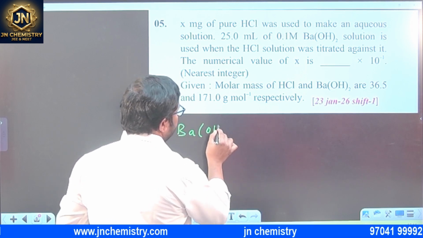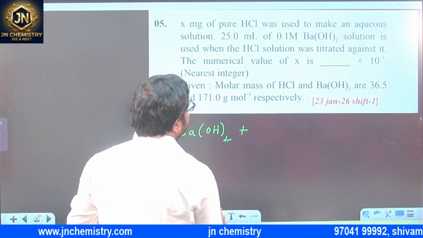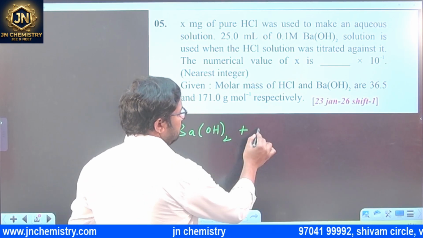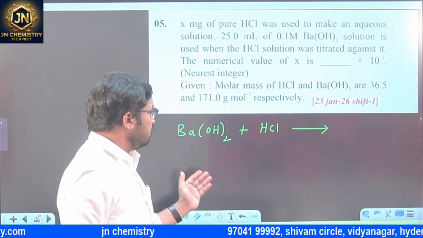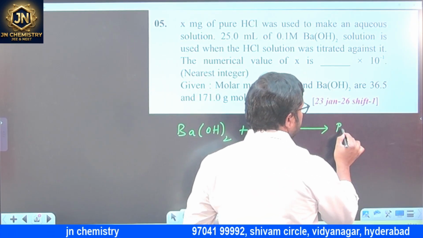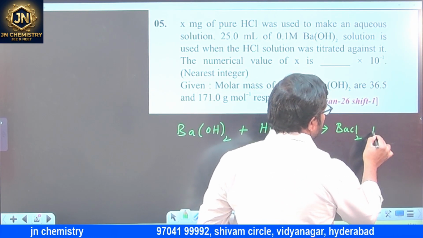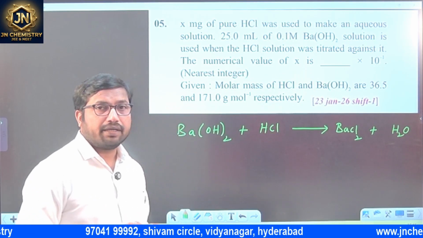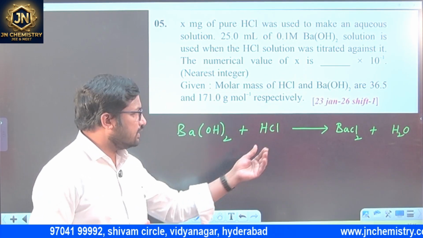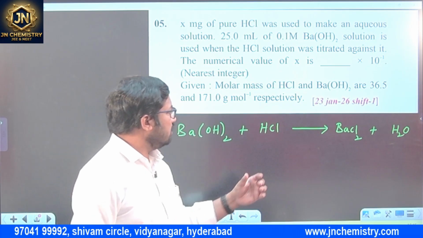Ba(OH)2 is treated with HCl, right, acid and base. So we'll get BaCl2 plus H2O. When acid and base react, we get salt plus water. BaCl2 is the salt, and water.